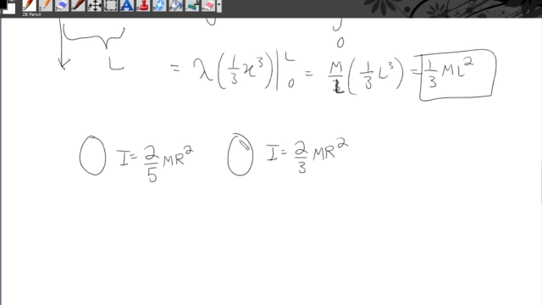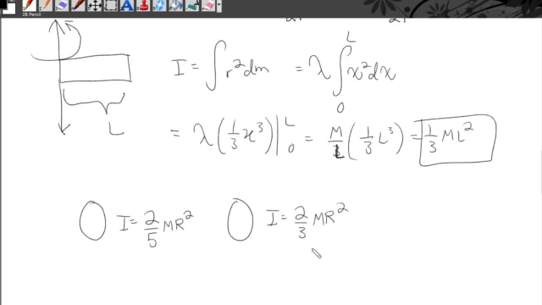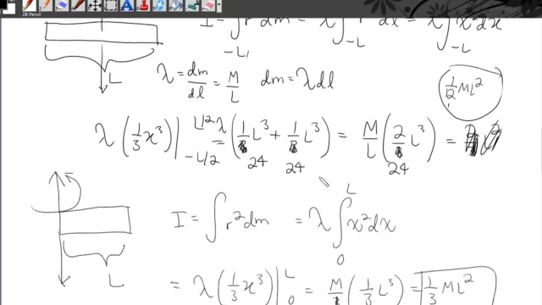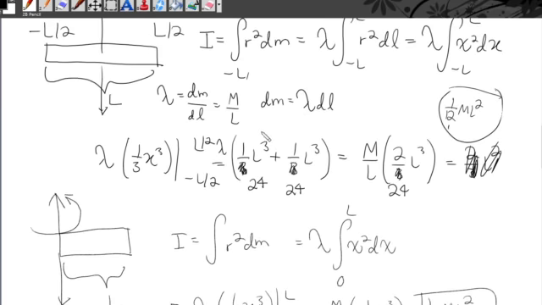The reason is because more of it is distributed further away, so it's harder to make it roll. And as I said earlier, you're better off memorizing the individual ones for each shape than just having to take the time to derive it. It's just a huge waste of time.